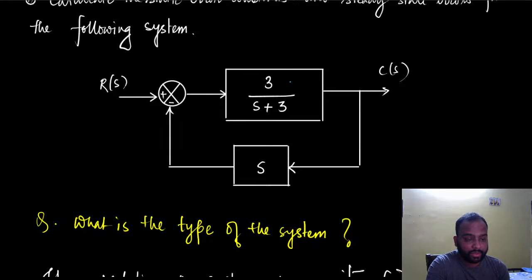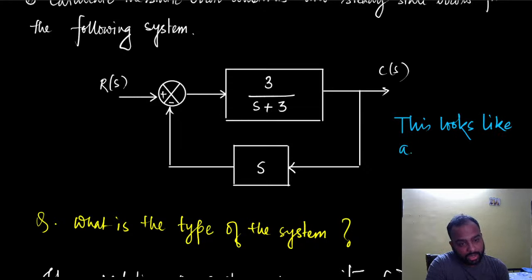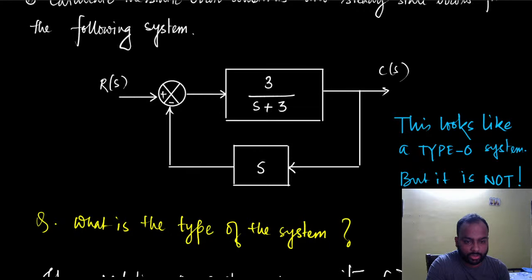Okay, hold on for a second. So this looks like a type 0 system, but it is not. Okay, it is not, with double exclamation signs.